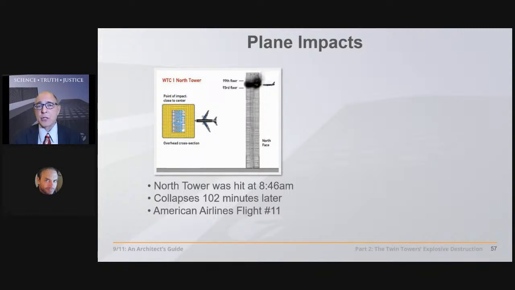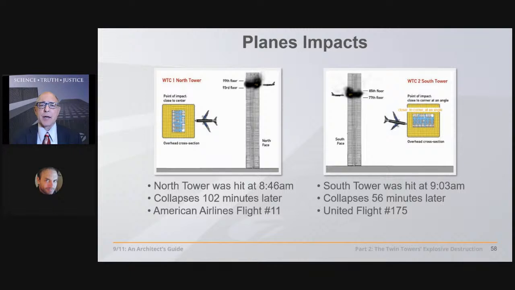According to NIST, the National Institute of Standards and Technology, who was tasked by Congress to explain these collapses to the American people, the North Tower was hit at 8:46 and collapses over an hour and a half later. It's not that the plane hit the towers and the towers just came down in that huge explosion. This is actually quite a common myth out there.